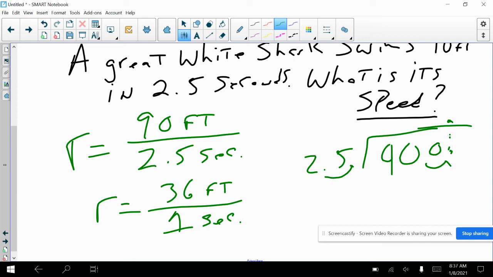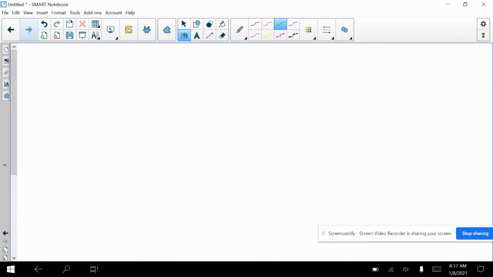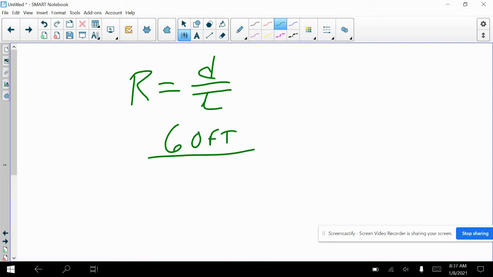So again, if we would tweak this problem just a little bit, we're going to find rate, right? That's distance divided by time. I'm just tweaking this same thing. So let's say the shark can swim 60 feet in 1.25 seconds.